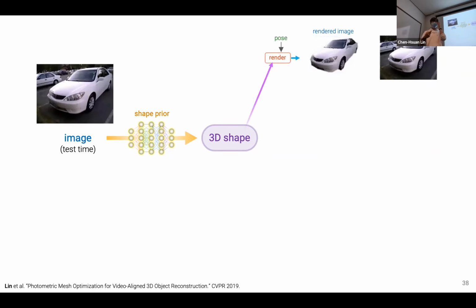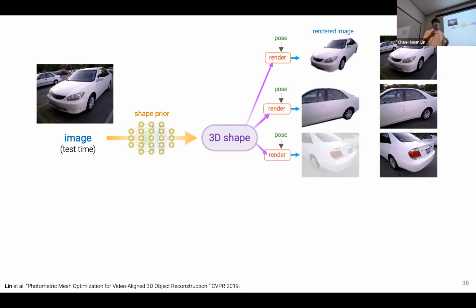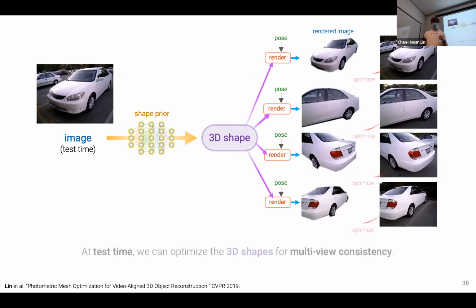Given a video sequence, assuming that we have pre-computed camera poses, we can render these 3D shape predictions to different viewpoints of the video sequence. As the video goes on, we render the 3D shapes at different perspectives and jointly optimize them using all the frames.